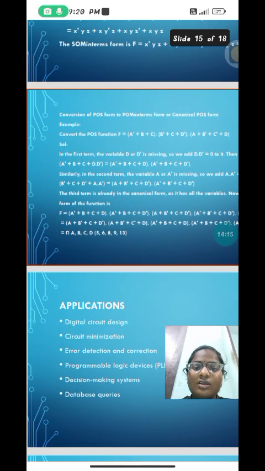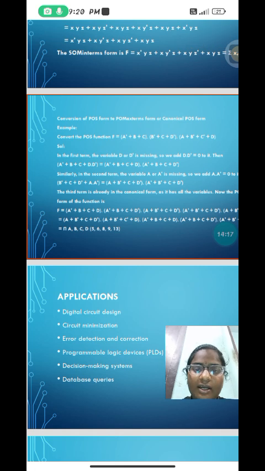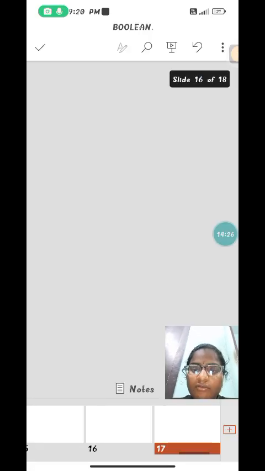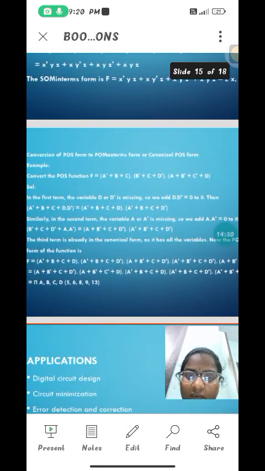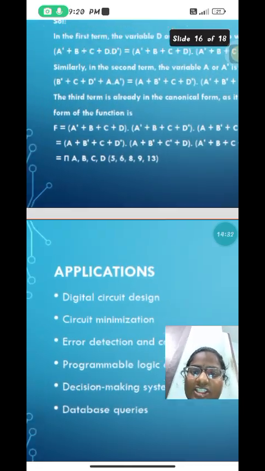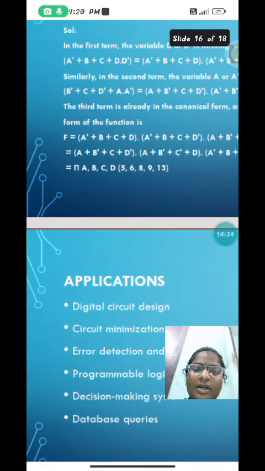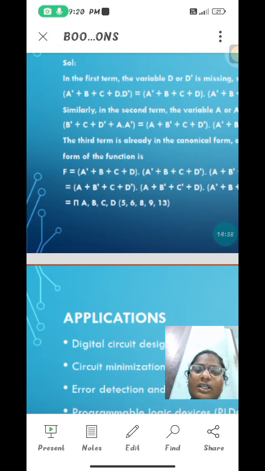In the first term, the variable d or d bar is missing and needs to be added. d into d bar means 0. In this way we multiply these variables. See the last, pi of a, b, c, d. These numbers we got.